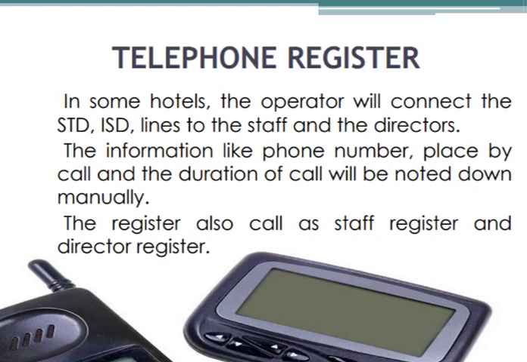Now, in order to get information about the calls, some hotels need to record the telephone call logs, STD and ISD both, which they write down manually, stating the number, the duration, the place called, and from what place he called.